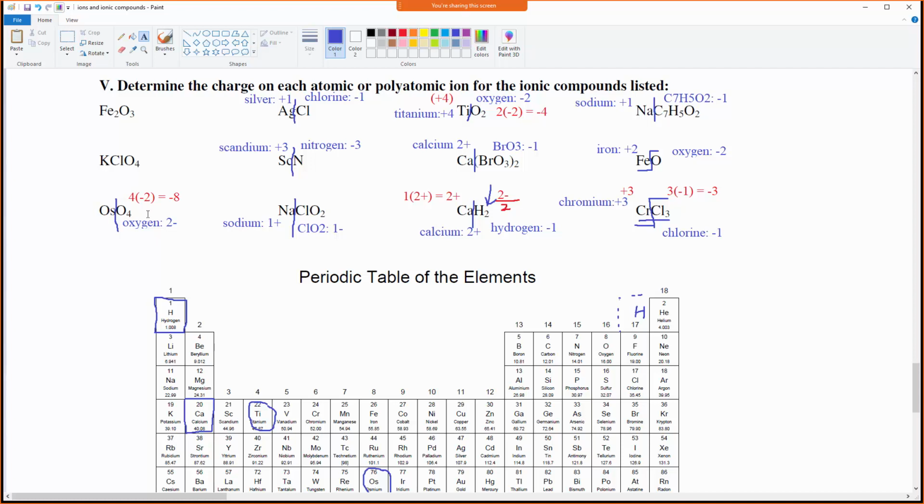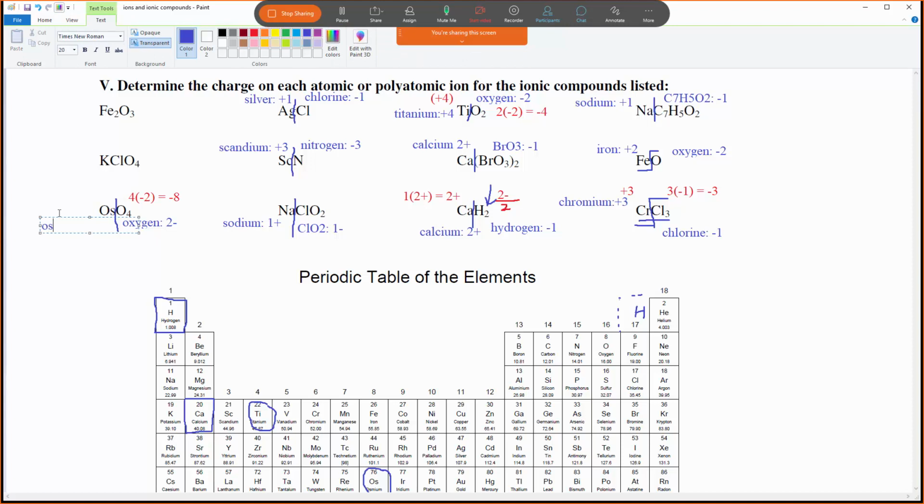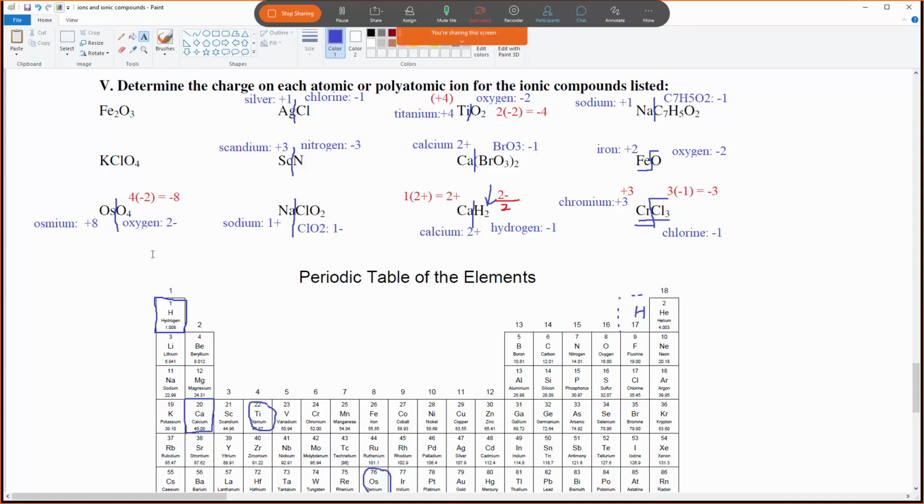Just 1. So the charge on osmium here is actually a +8. That is wild. That is so high. +8 is about as high as you could go, but you can see +6 and +4s here as well. That's part of what makes this such a good oxidizing agent, toxic compound.